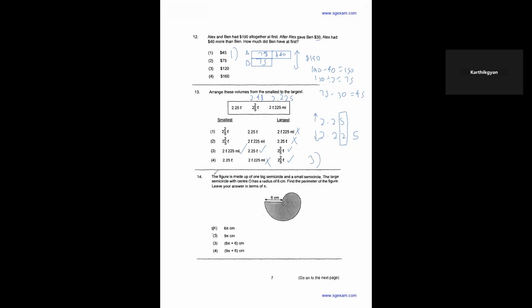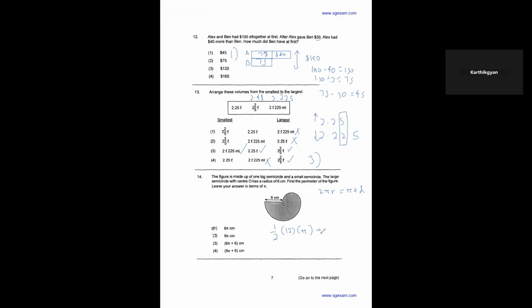Question 14 is very easy. Just leave your answer in terms of pi, find the perimeter. The perimeter of a circle is 2 pi r, or you can use pi times diameter. Diameter of the big one is 12, so it's half times 12 times pi. Why half?